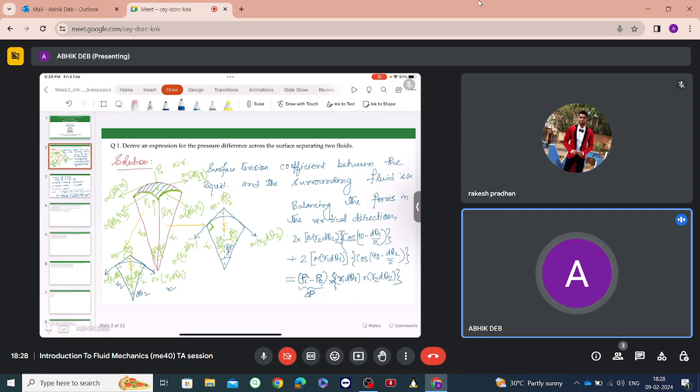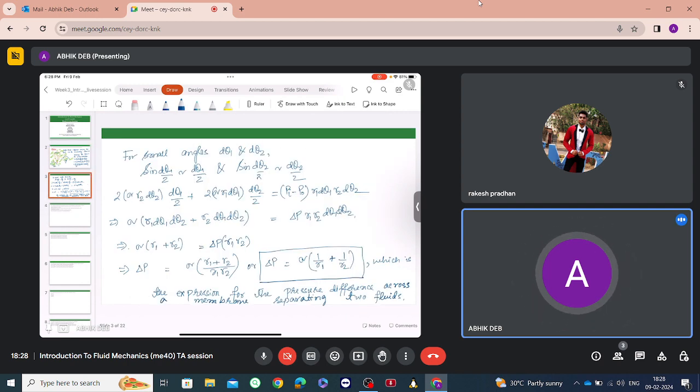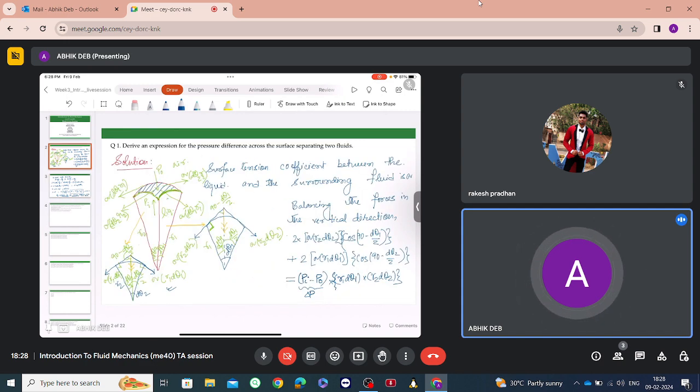In case of a liquid jet, one of the radii here will be infinity. So this is how we define the pressure difference across such bodies. If there is any doubt in any of this, you can ask.